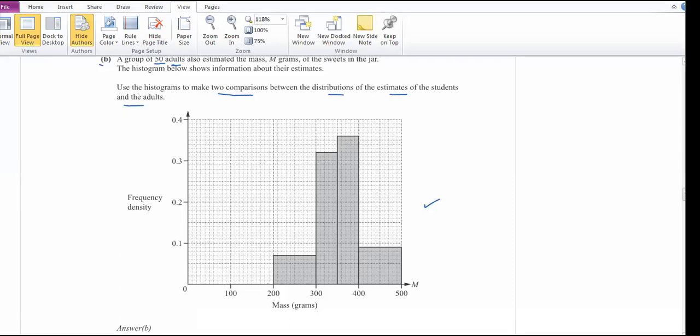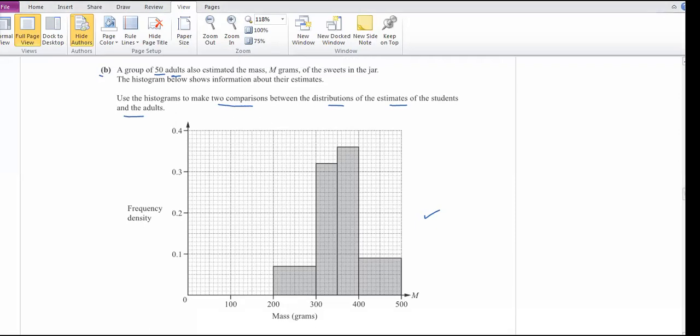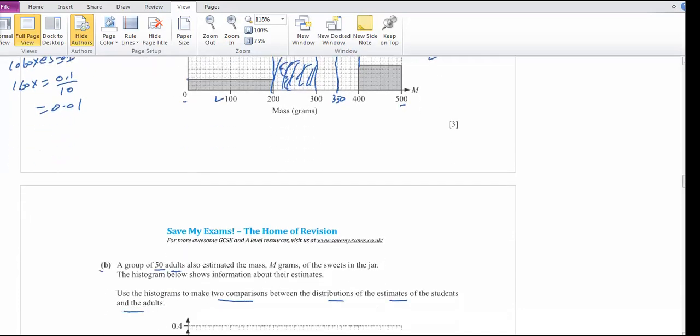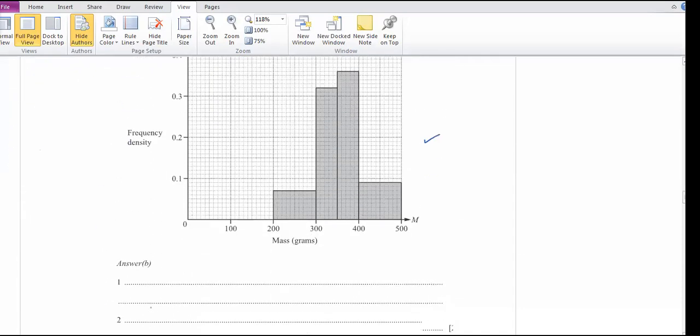Look at this one, it is starting from 200 going till 400, but the students started from 0 and are going till 500, so their range is more. So first of all, we will say the data of the students has a greater range of estimates. Students have greater range.